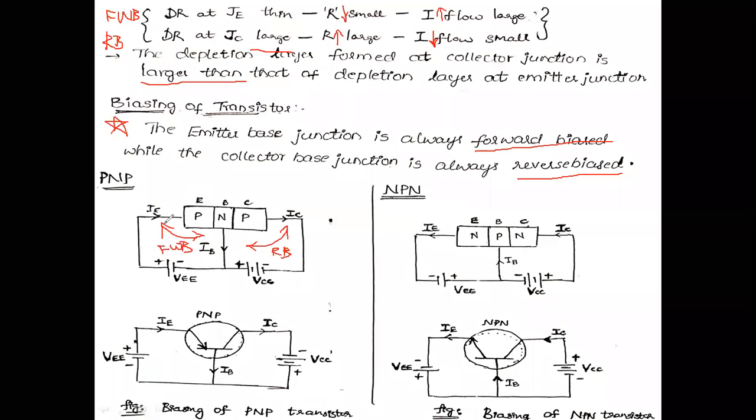From this emitter, the flow of current is taking place in this direction. Some small amount of current flows to this base terminal, and the majority of the current flows towards the collector. This is the normal conventional current flow, from emitter via base.